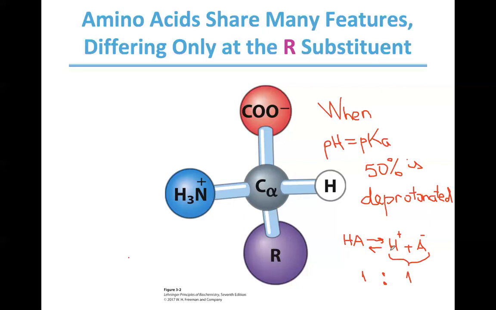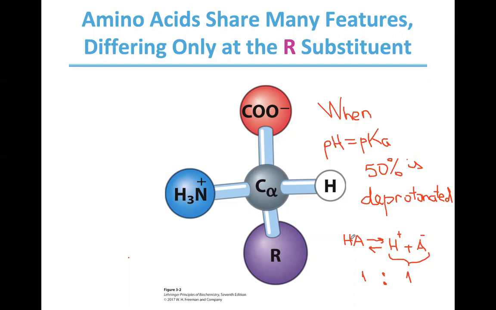So let's say the pH is now lower than the pKa. Let's say the pKa is 4, and the pH is 4, then you get 50% of each, right? But let's say you put this in an environment where the pH is 2. Will your acid be more protonated or less protonated? In other words, where will the equilibrium lie as you lower the pH? More protonated.